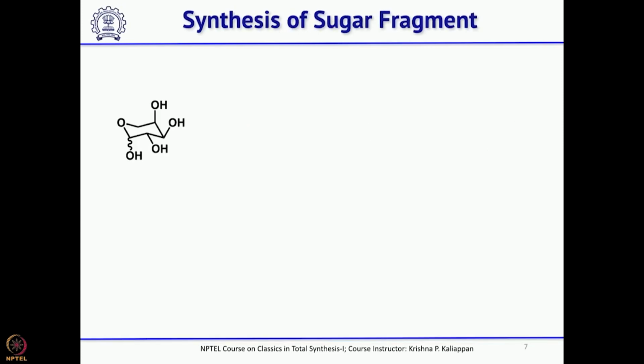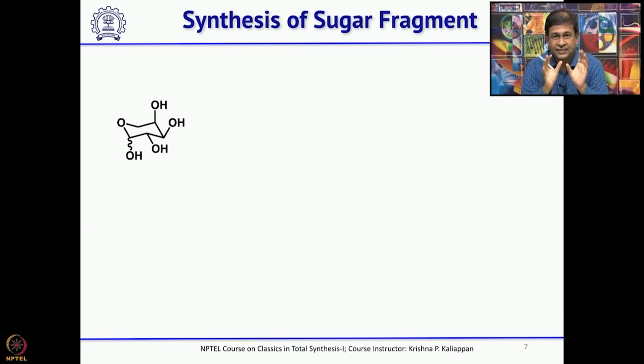Now let us see how Danishefsky's group synthesized Eleutherobin. As I said, the synthesis of Eleutherobin requires synthesis of two different fragments, one the carbocyclic ABC ring fragment, the other one the sugar fragment.